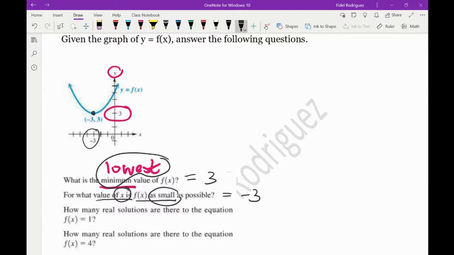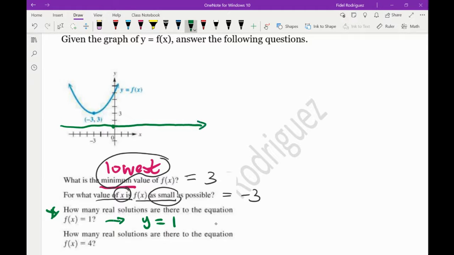Now, the third part, this one right here, is saying how many real solutions are there to the equation f of x equals 1? So I'm going to clean up some of this mess right here, y'all. F of x equals 1 means the same thing as y equals 1. So right here, there's y equals 1. What I'm going to do is draw a line. Right here, this is y equals 1.